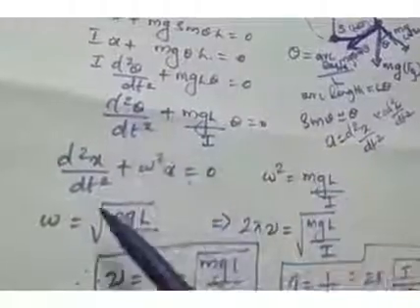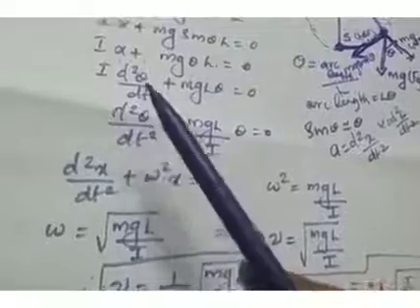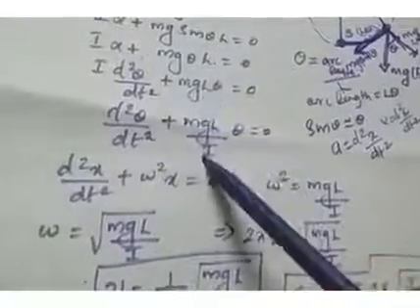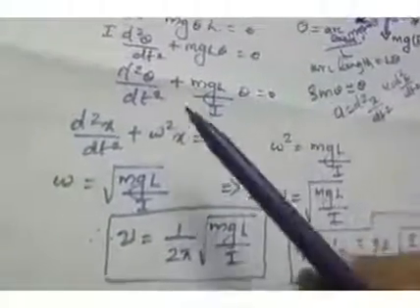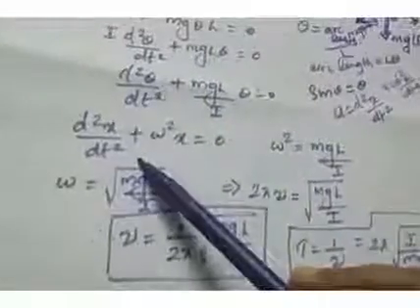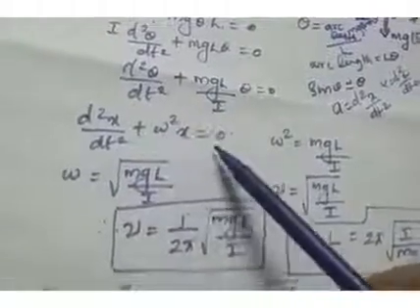Divide this equation throughout by I. I is the moment of inertia. So d square theta by dt square plus mgl by I into theta equal to 0. Now as we did before, compare this expression with the standard differential equation. Which is the standard differential equation? D square x by dt square plus omega square x equal to 0.